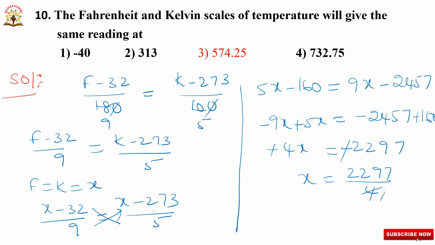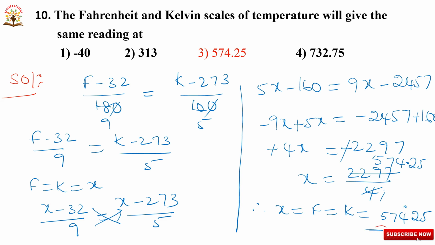After this we are doing division, 574.25. This is the corresponding reading when the Fahrenheit and Kelvin scales of temperature are the same. So therefore x is equals to F, that is equals to K, that is equals to 574.25 degrees. This is the final answer.